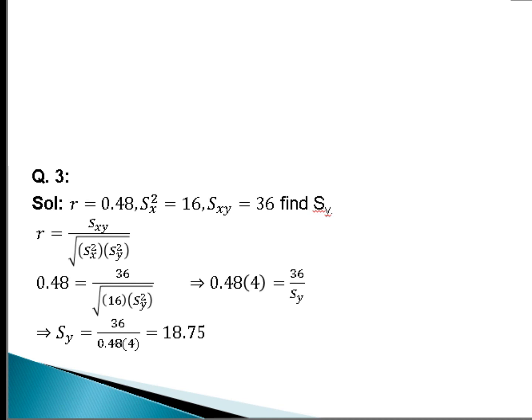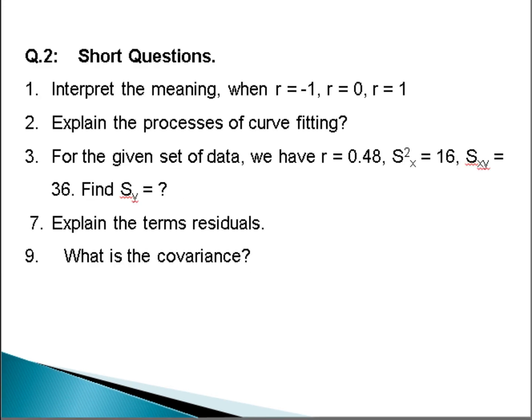We have all the values here. After putting the values, r is equals to 0.48, covariance of x and y 36 and variance of x 16. After simplifying, we get the value of standard deviation of y, that is 18.75.